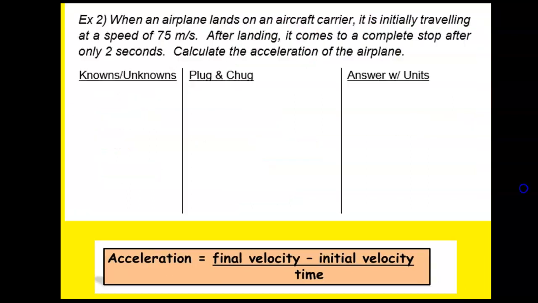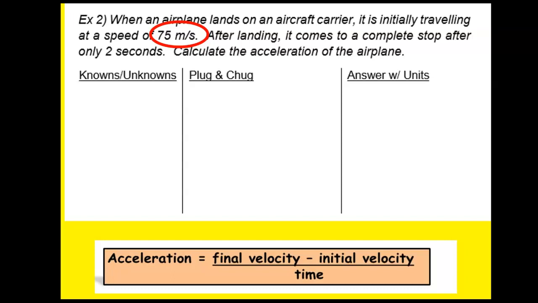All right, next question. I have a plane that lands on an aircraft carrier. It is initially traveling at a speed of 75 meters per second. After landing, it comes to a complete stop after only 2 seconds. Calculate the acceleration. So the first one is 75 meters per second. That's given first.